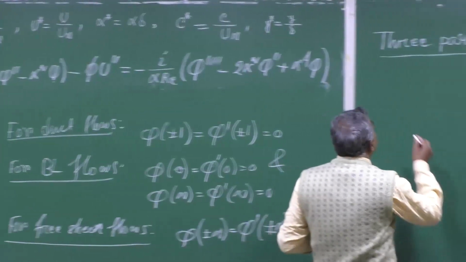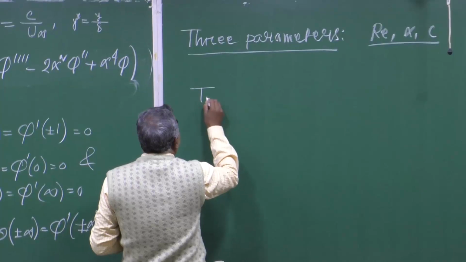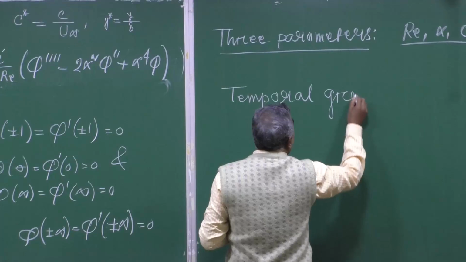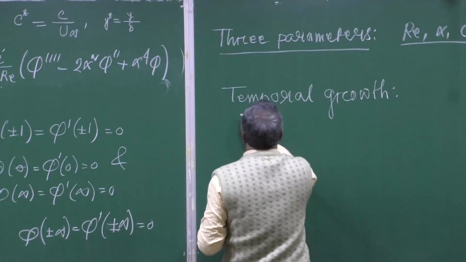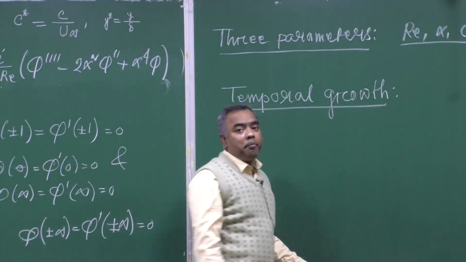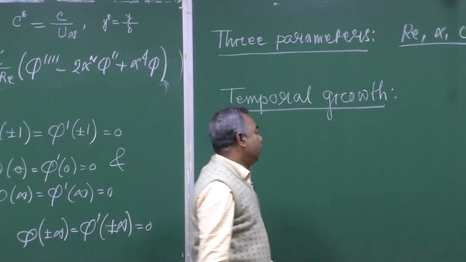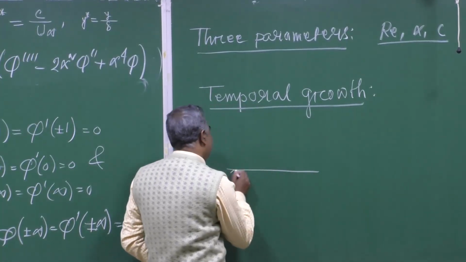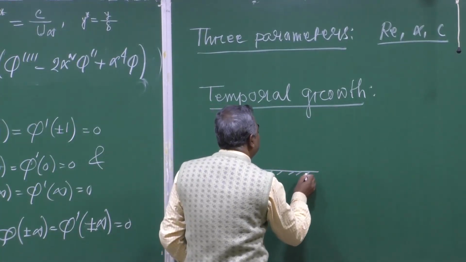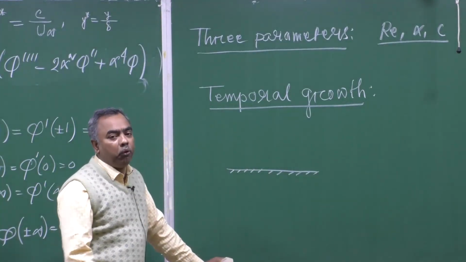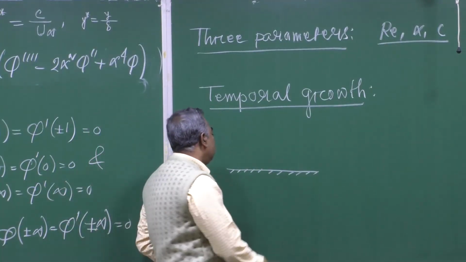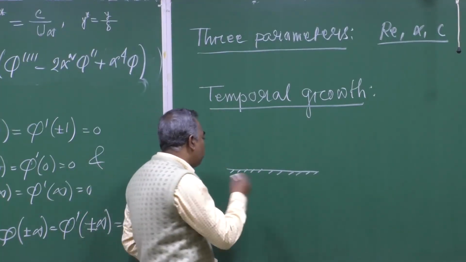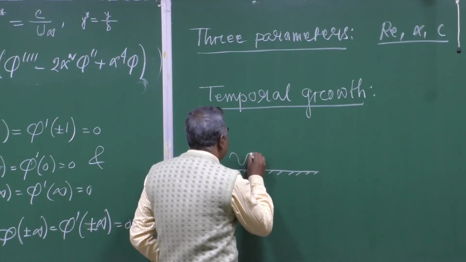Okay. So, temporal growth. First let me give you the physical idea. Temporal growth means what? For example, we have a surface over which there is a flow going on, and if you consider a wave over this, let us say a wave is something like this.